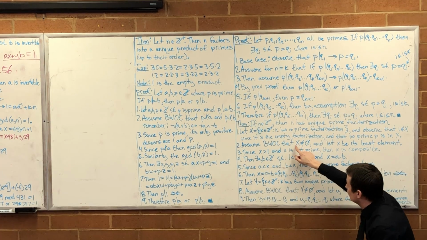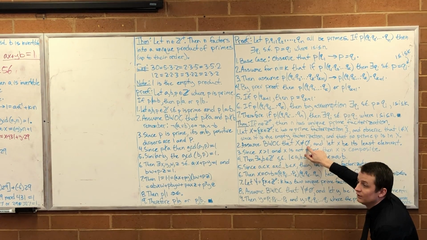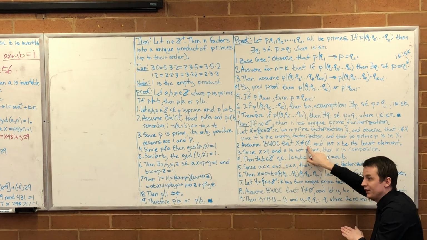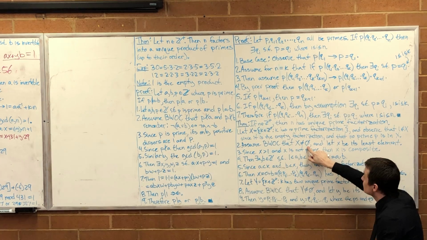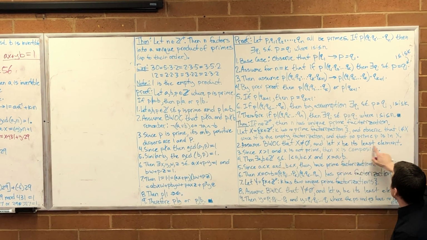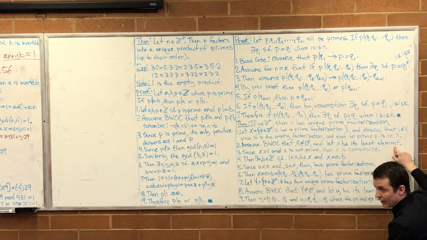Assume by way of contradiction that X is not the empty set, and let little x be its least element. We're doing the smallest counterexample.